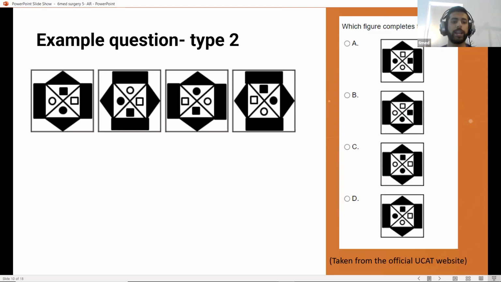And then you can work out from how the shapes are rotating that they're also rotating 90 degrees with it. The added difficulty here is that the black squares from one to the next go in opposite colors. So if it was a black square, in the next one it will turn into a white square, and vice versa. And therefore the answer here is C.